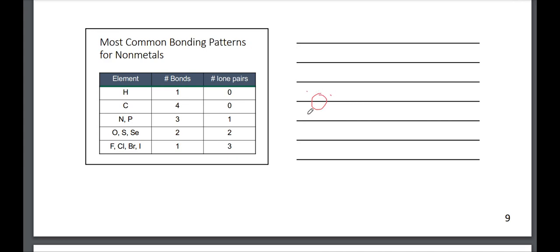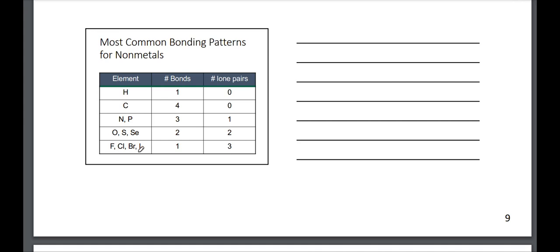Here's my 1, 2, 3, 4, 5, and 6. I have 2 electrons that are non-paired, so I need 2 bonds in order to reach the octet rule. That makes 2 lone pairs. Lone pairs means the pairs that are not involved in the bond formation. Okay, so I have 2 bonds and 2 lone pairs.